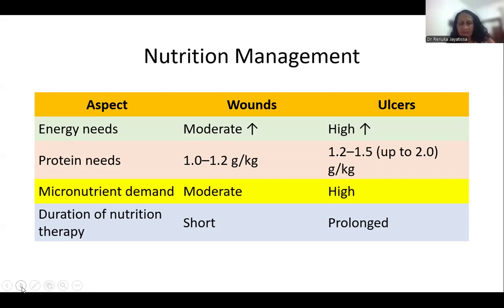For protein needs, in wounds it is about 1 to 1.2 grams, but ulcers are a chronic process, so it goes to 1.2 to 1.5 and even up to 2 grams per kg body weight. The micronutrient demand in wounds is moderate, but in ulcers it is high. For the duration of nutrition therapy, wounds need a very short duration, but ulcers need prolonged nutrition therapy.